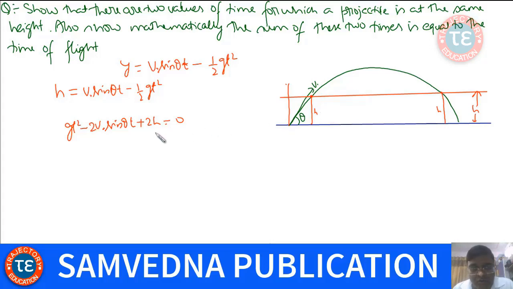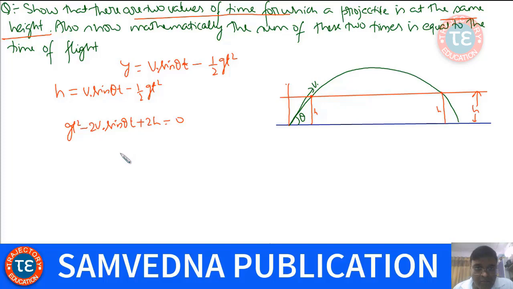And since it is a quadratic equation, it will have two roots. So this is proved that there are two time instants at which the body lies at some height h, because this is a quadratic equation, so it will definitely have two solutions, right?